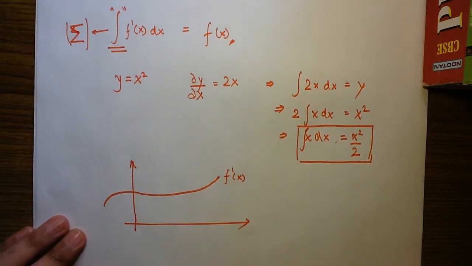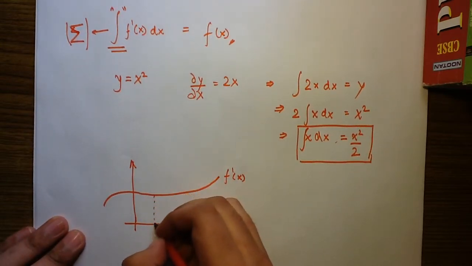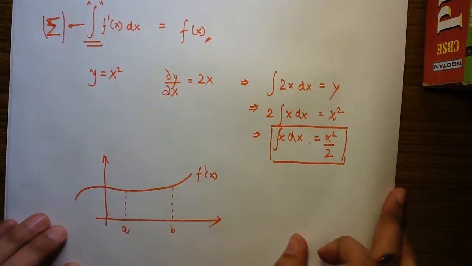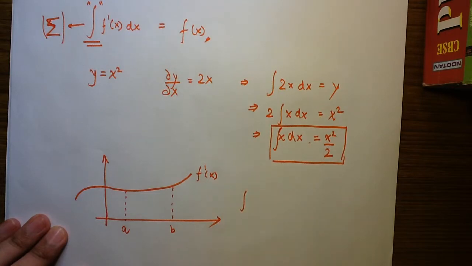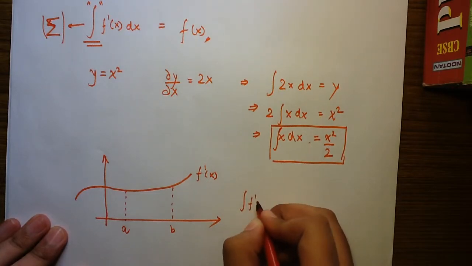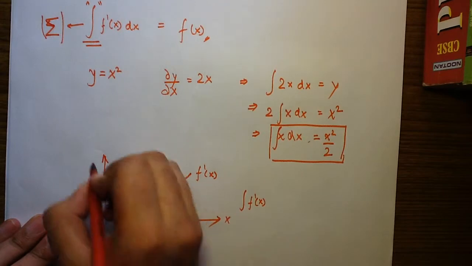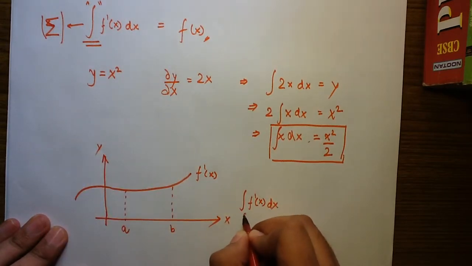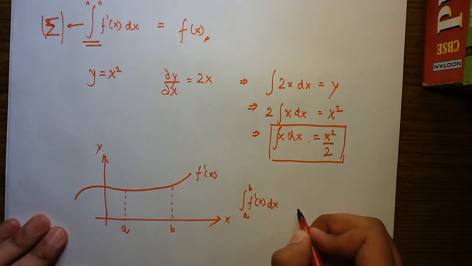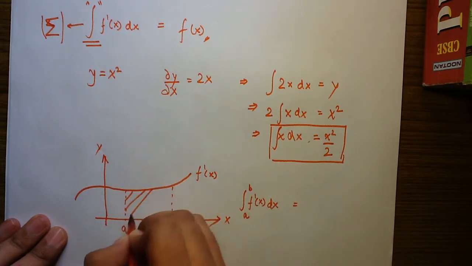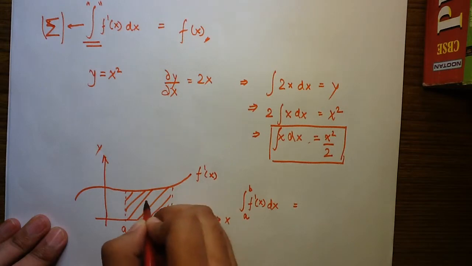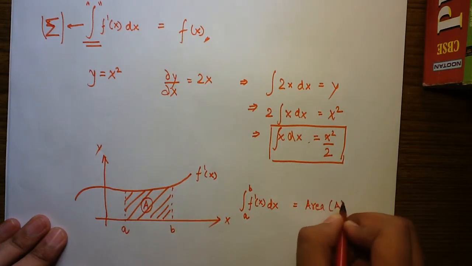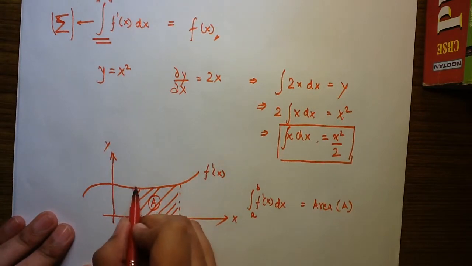Now suppose we take the function f prime of x. Say this is the function, and when I ask what is the integral of f prime of x with respect to dx evaluated over the range from a to b, I actually get the area of the region A, and the region A is this area.